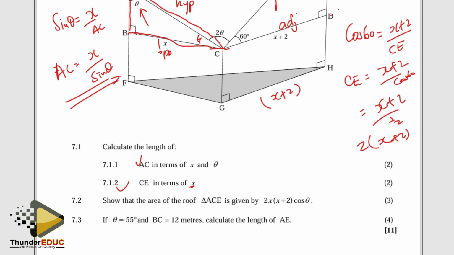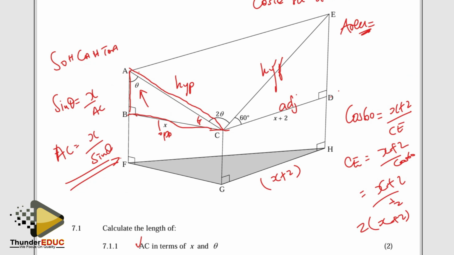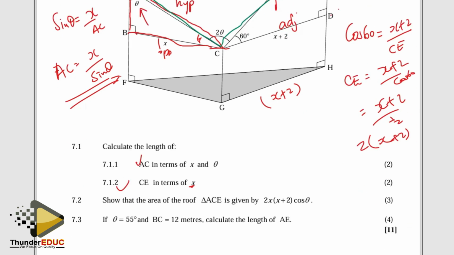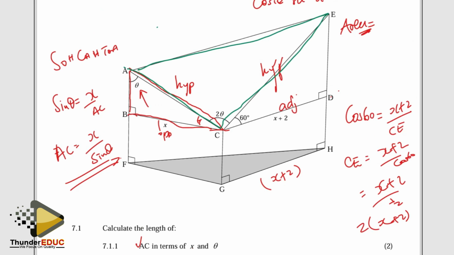Then 7.2, show that the area of the roof ACE, the area of this entire roof, is given by that. So remember, we said we have this, we have that, and then we also have an angle in between.